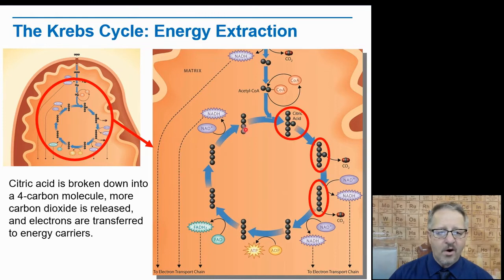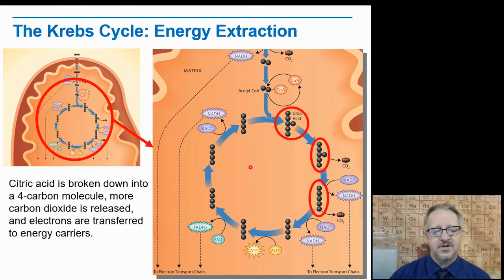So it goes from 4 to 6 to 5 to 4. And then back to 6, and then to 5, and then to 4. And then it just keeps going, cycling back and forth. And along the way, the beauty of this cycle is that it's producing more carbon dioxide, more NADH, a little bit of ATP, and more FADH2, and this is going to drive the most important phase, although they're all important because they all kind of rely on each other, at least indirectly.